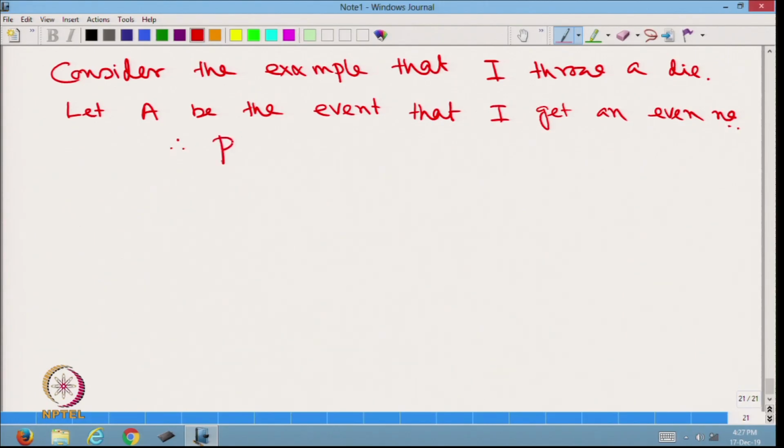Therefore, probability of A is equal to the number of ways I can get an even number, which is 3, because the outcome can be 2 or 4 or 6, out of 6 possible outcomes.